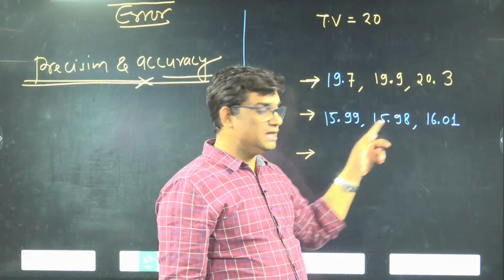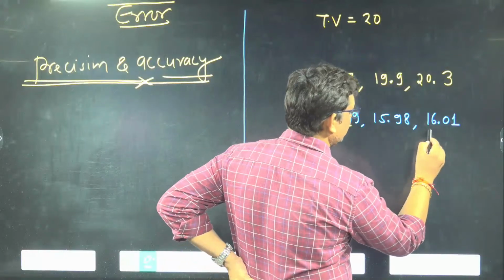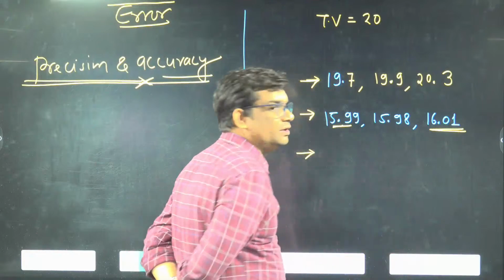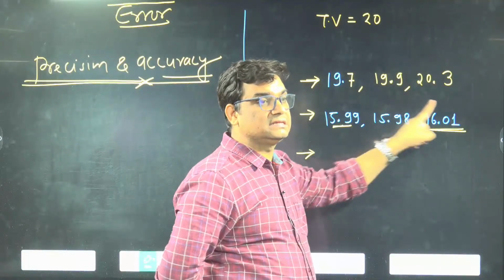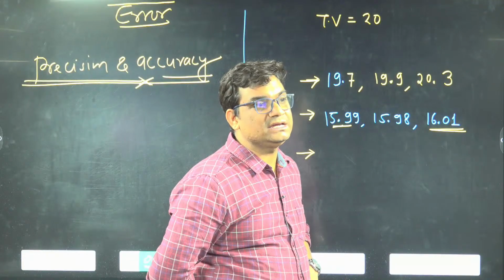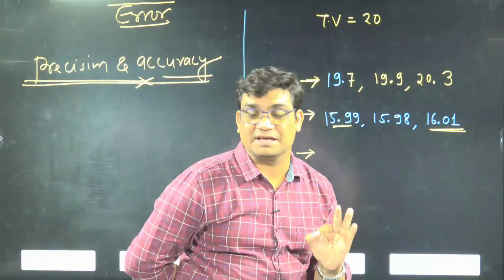What is the difference between the first reading and the third reading? The difference is 0.02.